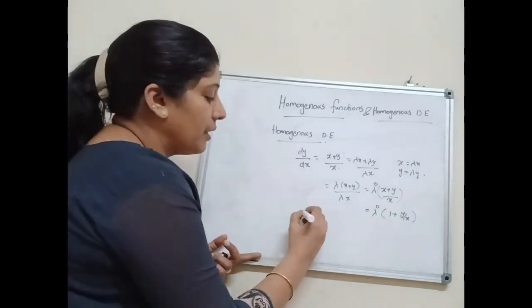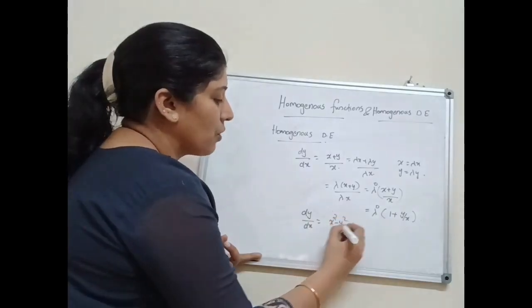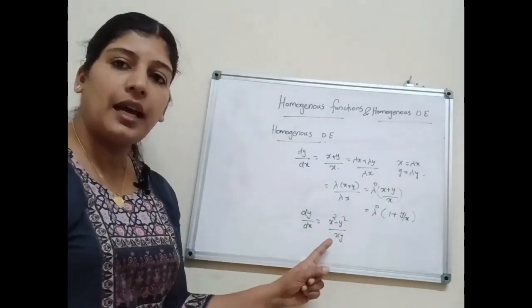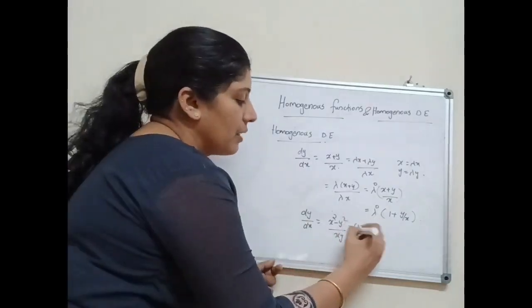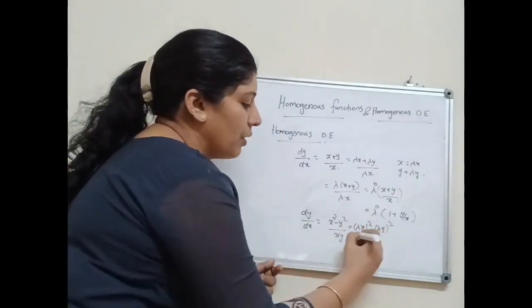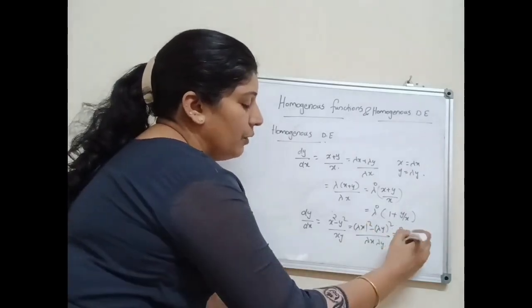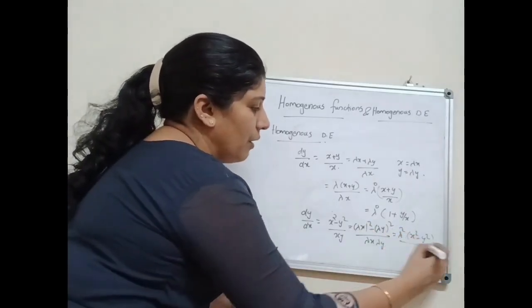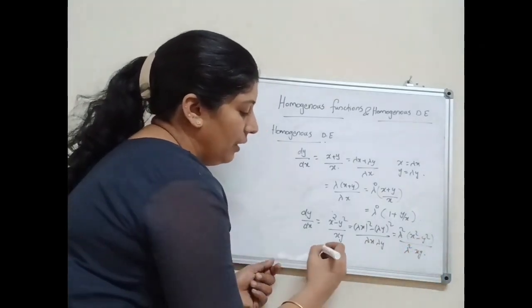Next, we have to consider another differential equation, dy by dx equal to x square minus y square divided by x y. Put x equal to lambda x and y equal to lambda y. Therefore, it is equal to lambda x whole square minus lambda y whole square divided by lambda x into lambda y. That's equal to lambda square into x square minus y square divided by lambda square into x y.